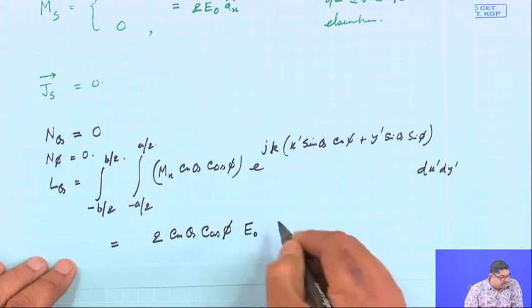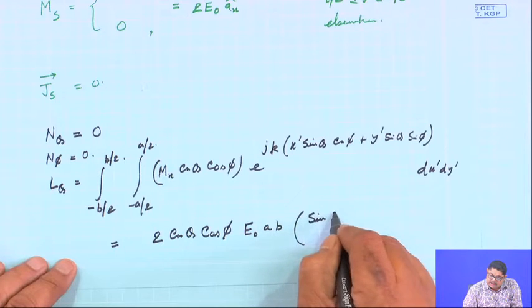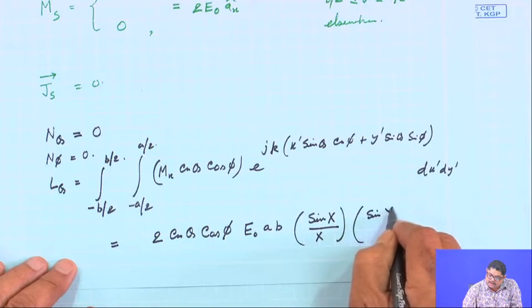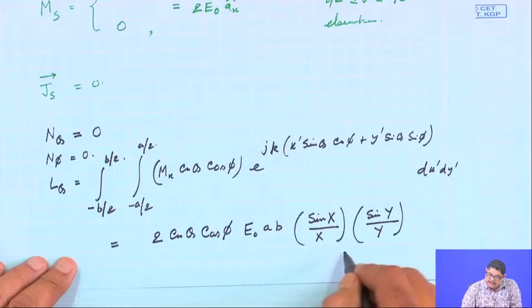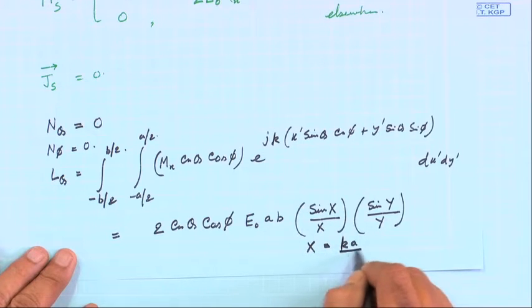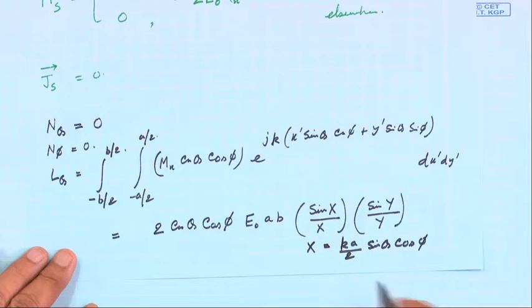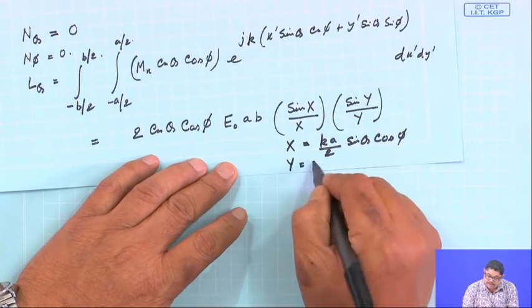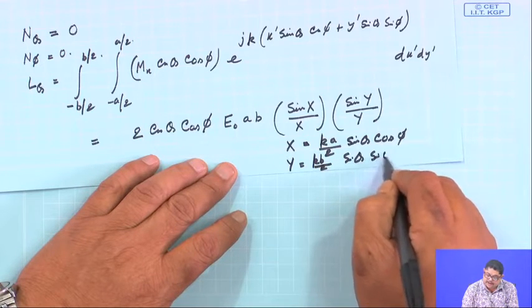E naught a b, then sin capital X by X, sin capital Y by Y, where X is k a by 2 sin theta cos phi, and Y is k b by 2 sin theta sin phi.